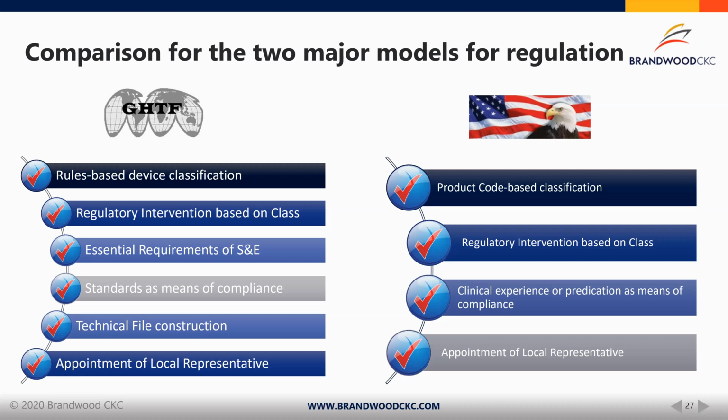Sorry, I might have missed this earlier, but predication? Yeah, so if you go via the 510K process, basically you will use the predicate, which is a device that is identified as the predicate, or a device that is substantially equivalent.